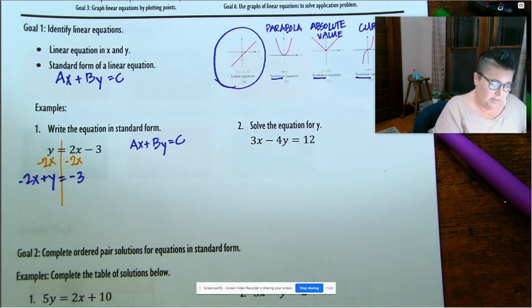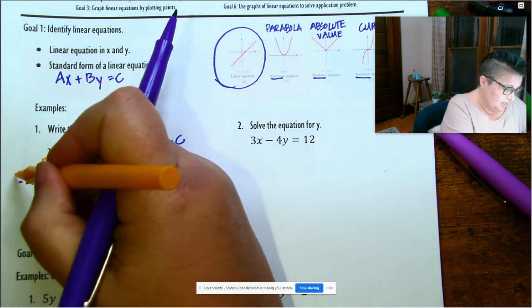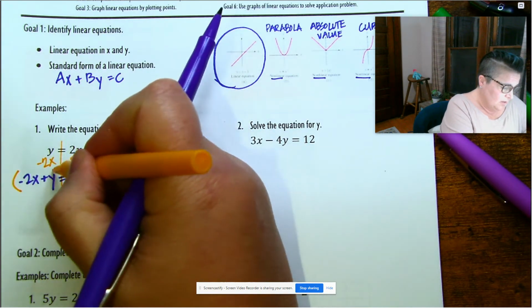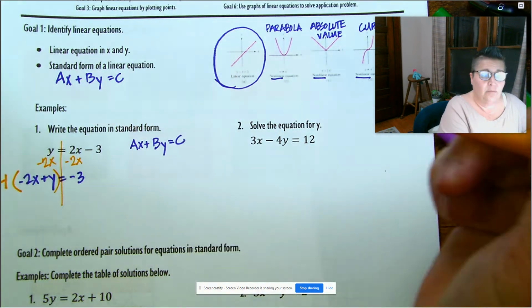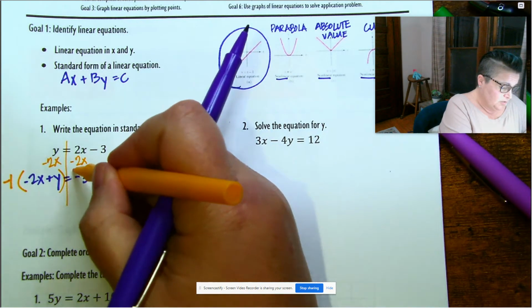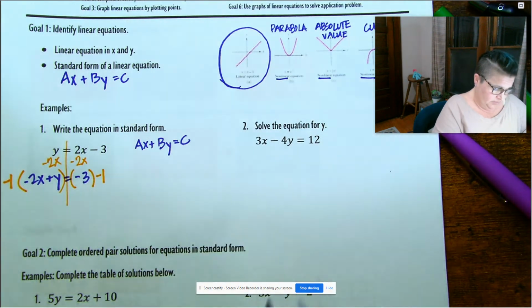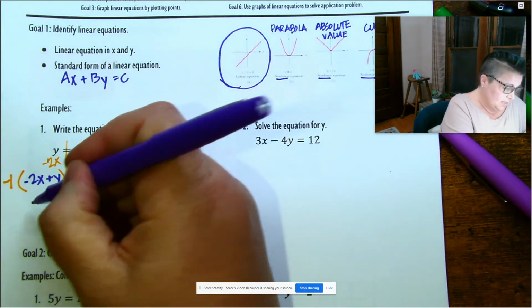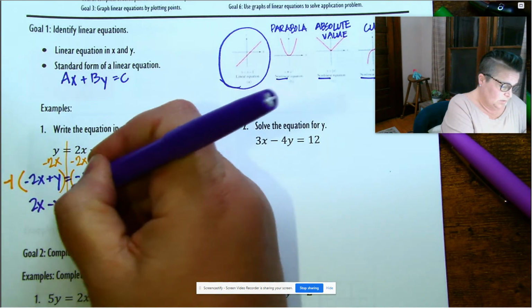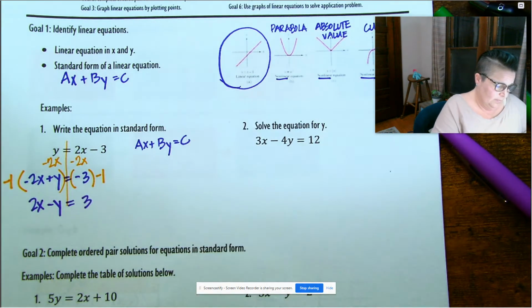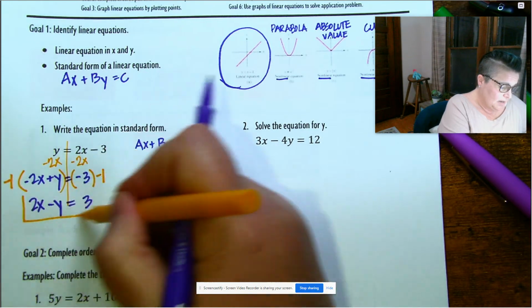And if I want to change that negative to a positive, I need to multiply it by negative 1. And what I do to one side of my equation, I have to do to the other. So this now becomes 2x minus y is equal to 3. This equation is now in standard form.